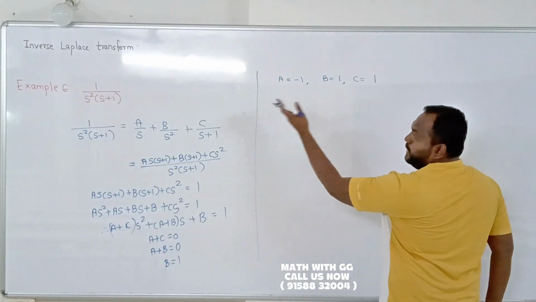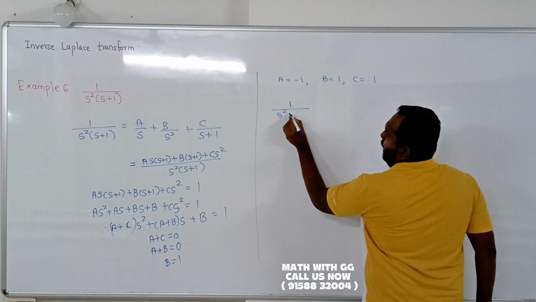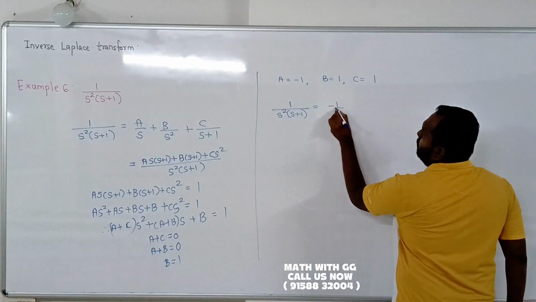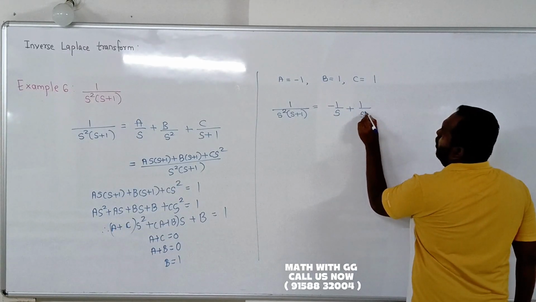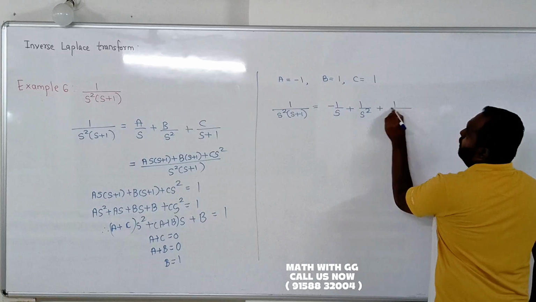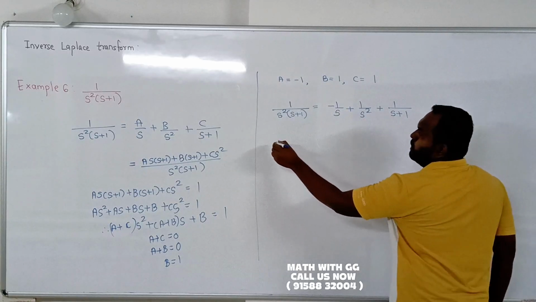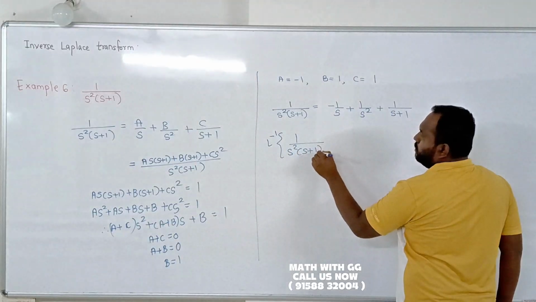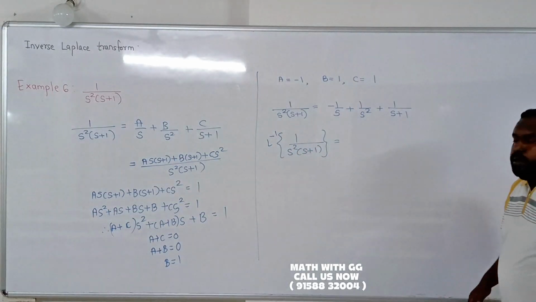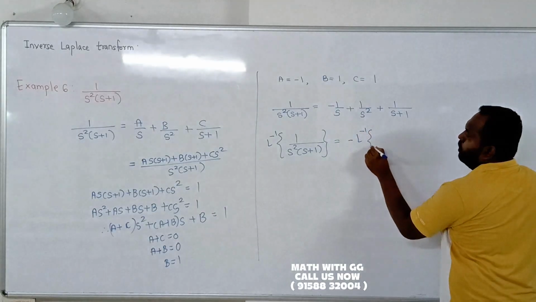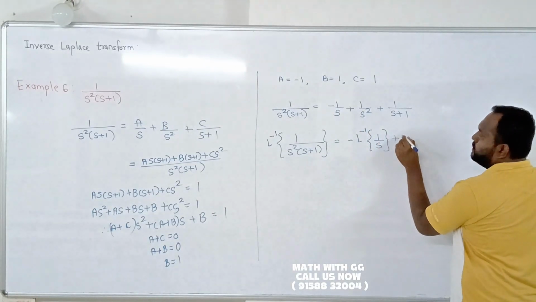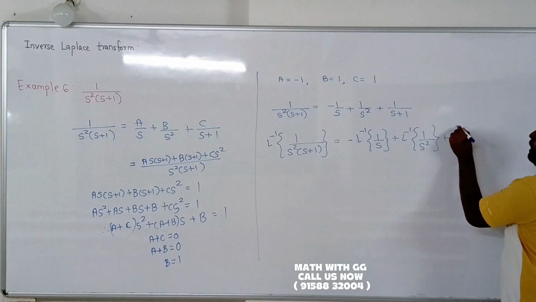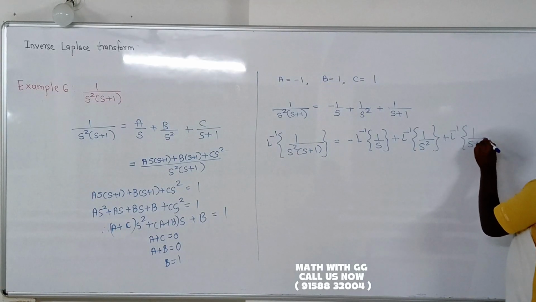So replacing these values, we get 1 upon s square into (s plus 1) equal to minus 1 upon s plus 1 upon s square plus 1 upon (s plus 1). Taking inverse Laplace on both sides and using the linearity property, we get minus L inverse of 1 upon s plus L inverse of 1 upon s square plus L inverse of 1 upon (s plus 1).